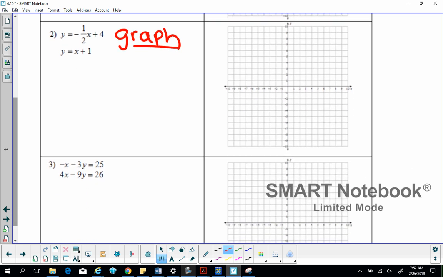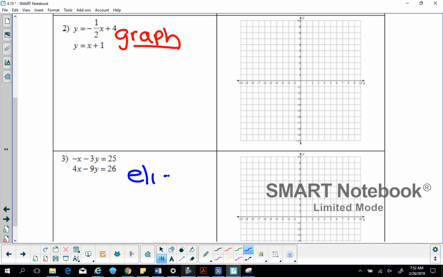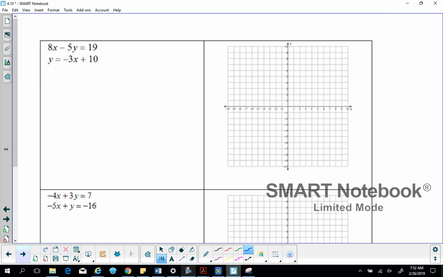Tyreek, what about 3? Elimination. Why did you choose elimination? Good. The equations are in standard form. Both x and y are on the same side. Perfect. Next one. Damon, did you get the next one? Nope. Jordan, what about you? Did you get the next one? What did you use?